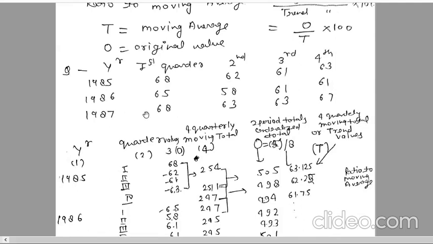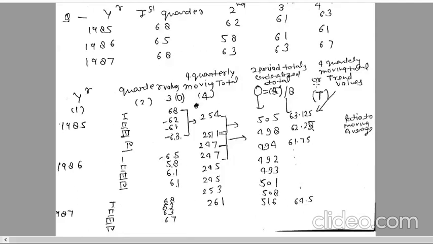The years are 1985, 86, 87, with first quarter, second quarter, third quarter, fourth quarter. You can see here that you are calculating for the first year. The columns are the quarter values, the four-quarterly moving total, the two-period total, the four-quarterly moving average, that means the trend values T, and the last column is the ratio to moving average.